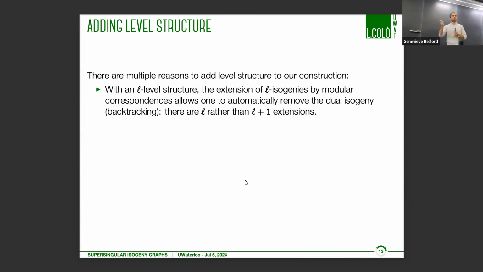And since you don't want to construct loops, because this means you're constructing an endomorphism, which is proven to be equivalent to finding the secret path, which would break the cryptosystem, adding level structure actually gets over this problem, because somehow it gets rid of the dual isogeny, meaning you don't have to bother about distinguishing the dual isogeny from the others.